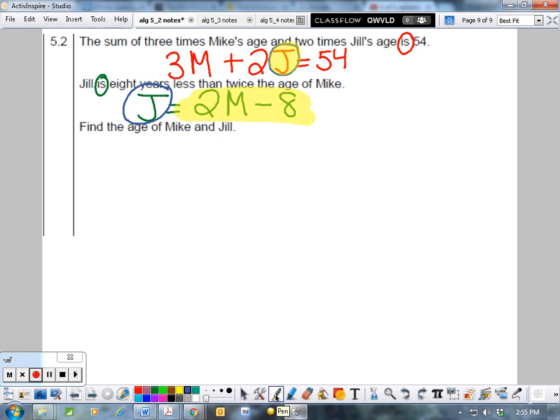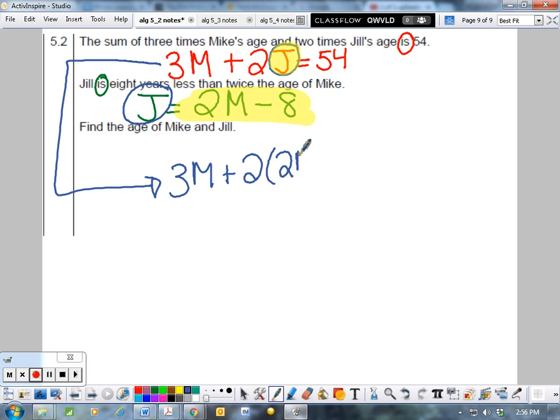Now I'm going to go back to that original equation and rewrite it. So 3m plus 2j, but instead of the j, I'm going to put the highlighted portion, 2m minus 8, and that should be equal to 54. So again, I'm just rewriting this equation with that 2m minus 8 in the highlighted spot.